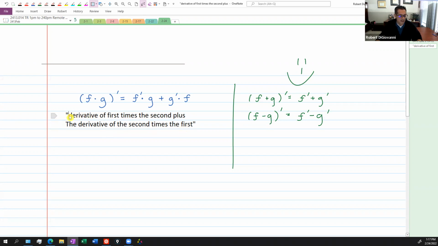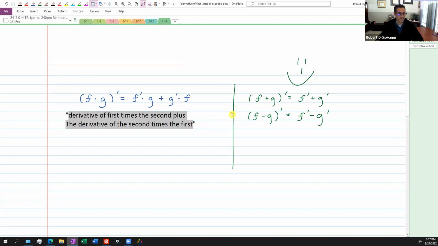That's what's happening. I like to memorize it this way, because then you don't need to think about f and g. You're just thinking, okay, if I have two functions being multiplied, I'm going to take the derivative of the first one, multiply it times the second one. Then I'm going to add to that the derivative of the second one, times the first one. All right.